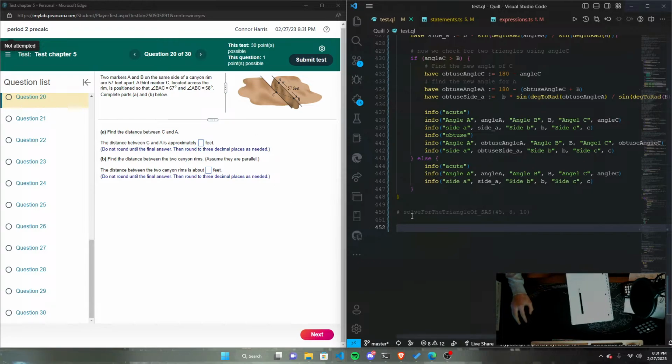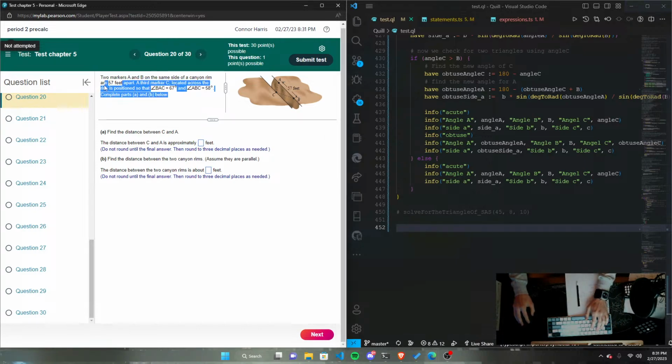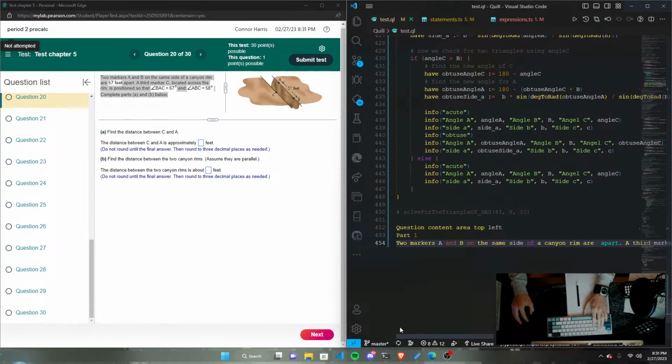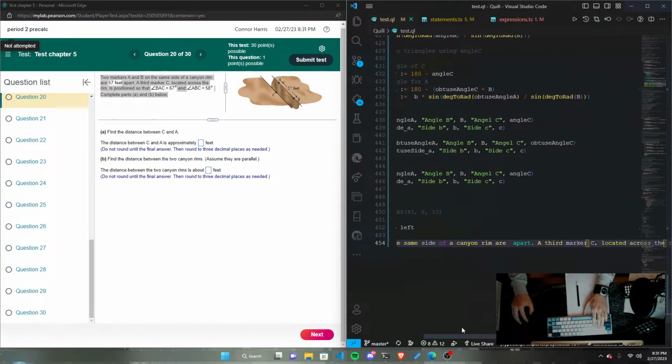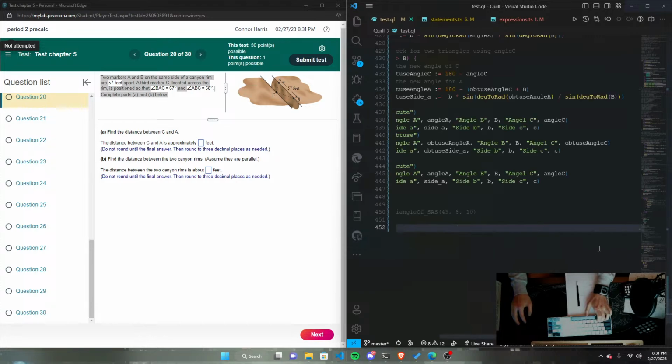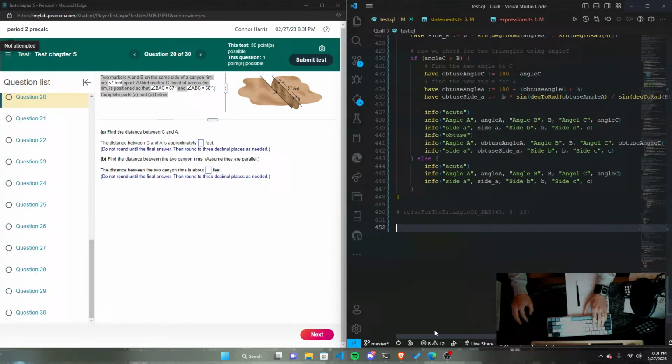Alright, so now in Quill, I'm going to copy the story problem and put this into the comments. Control C, Control V. That is not correct. And I don't feel like typing all that out, but we may have to.